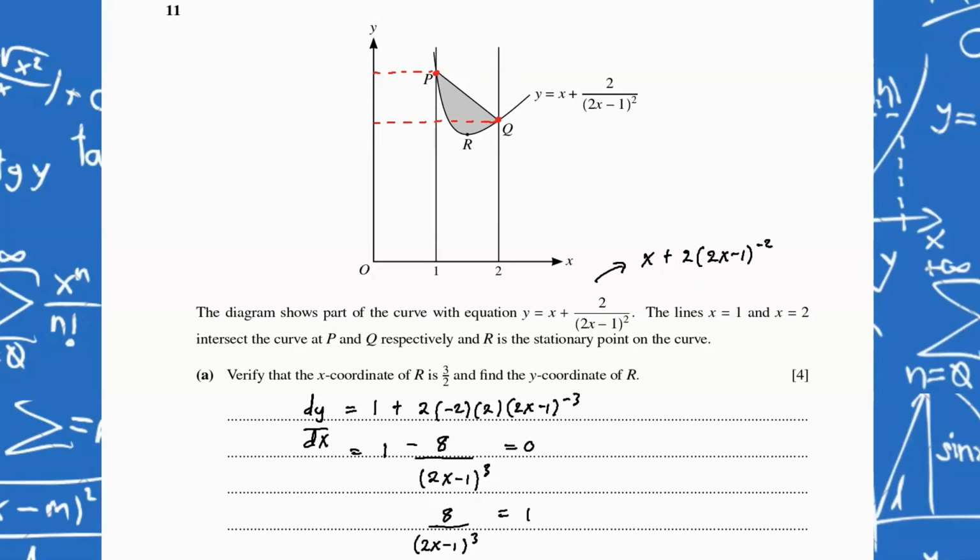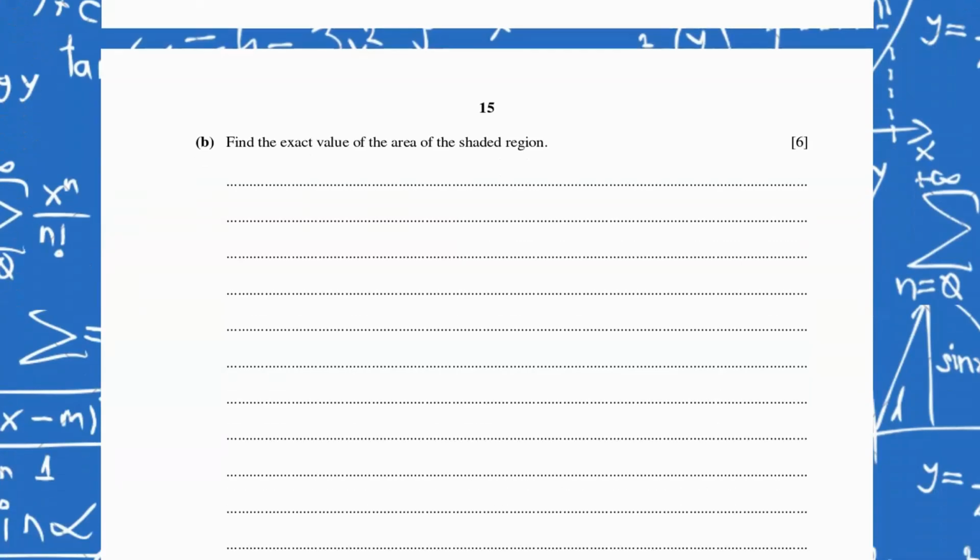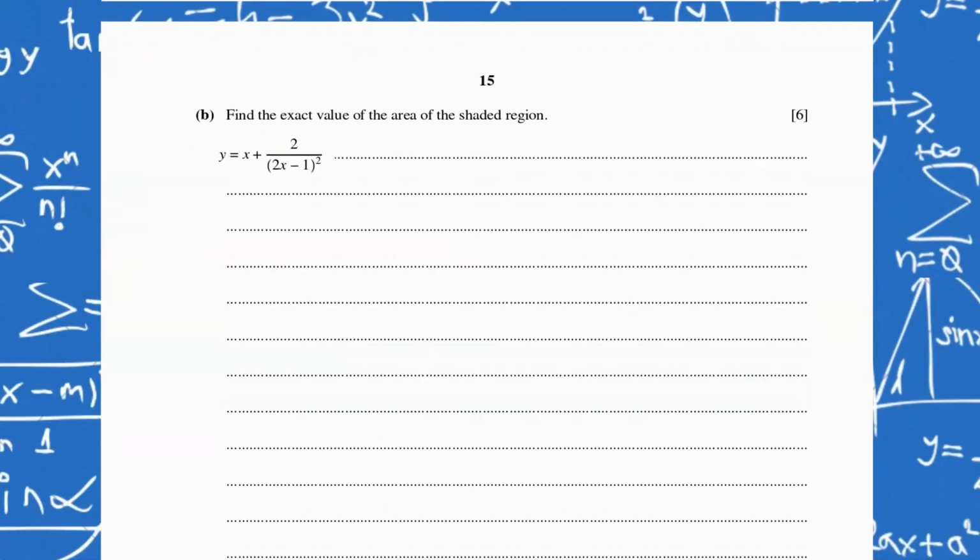So using the equation of the curve, which I'm placing here, when x equals 1, y will be equal to 1 plus 2 over (2 times 1 minus 1) squared, which is 1 plus 2 over 1 squared. So it's basically 1 plus 2, so y should be 3.